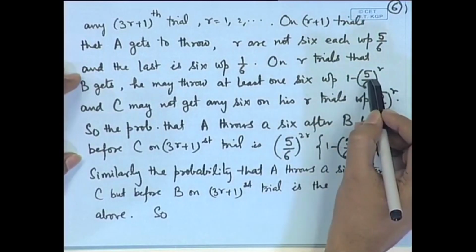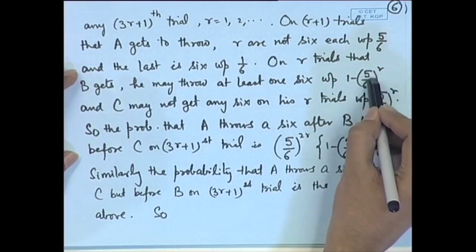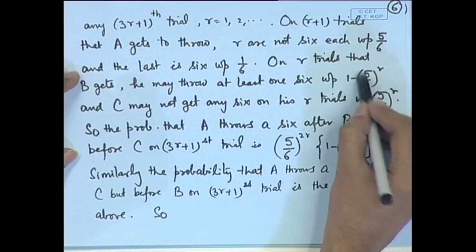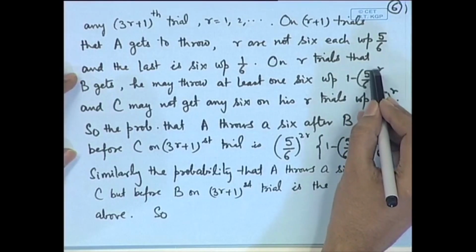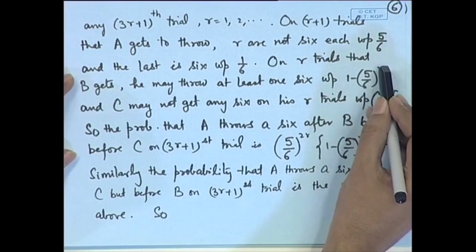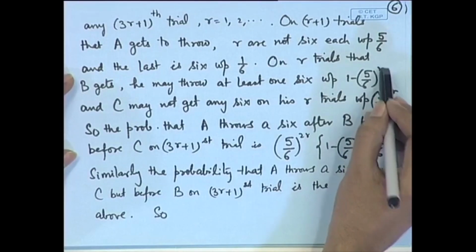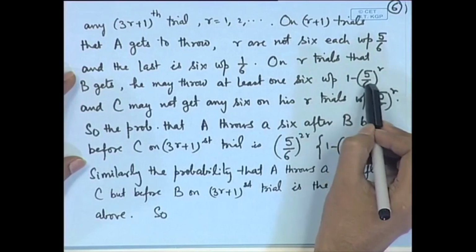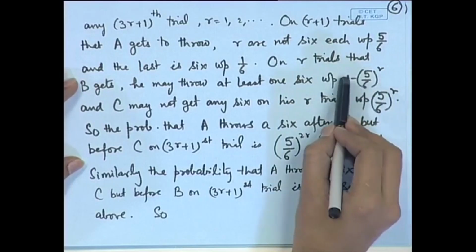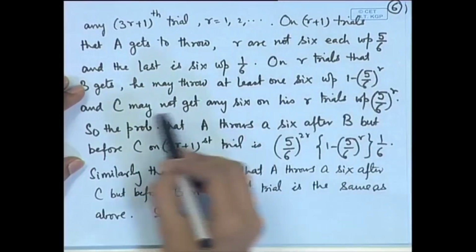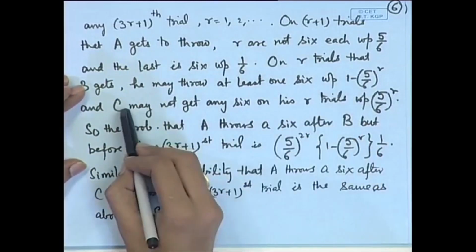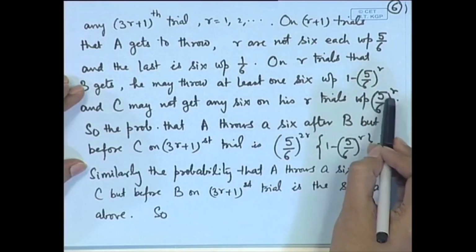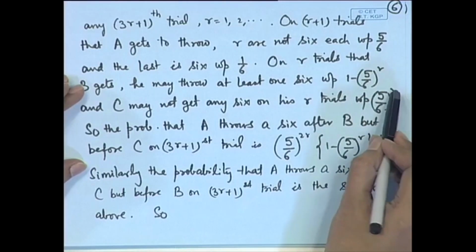The probability that B does not get a 6 in a trial is 5 by 6, so the total probability that in r trials he does not get any 6 is 5 by 6 to the power r. So, 1 minus 5 by 6 to the power r denotes the probability that he gets at least one 6. Now, if B gets at least one 6, then C must not get a 6. On each of his r trials, C will not get a 6, with probability 5 by 6 to the power r.